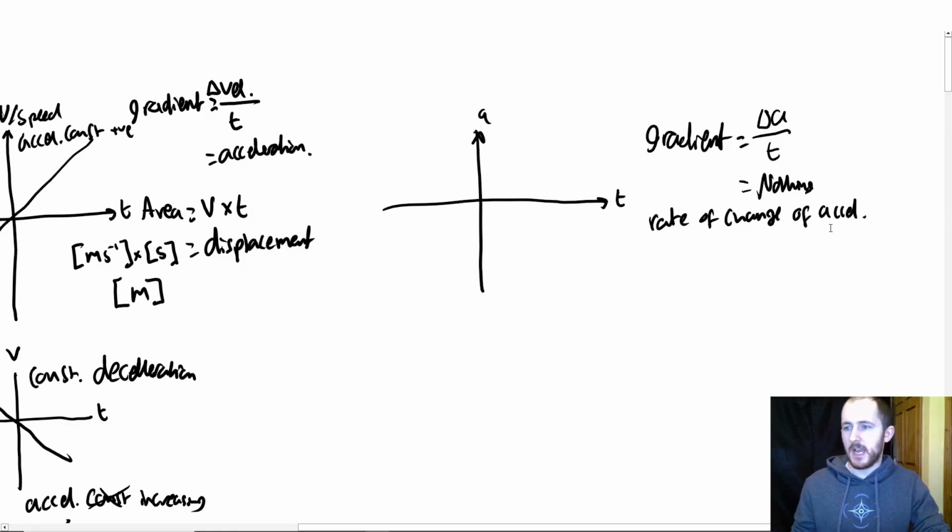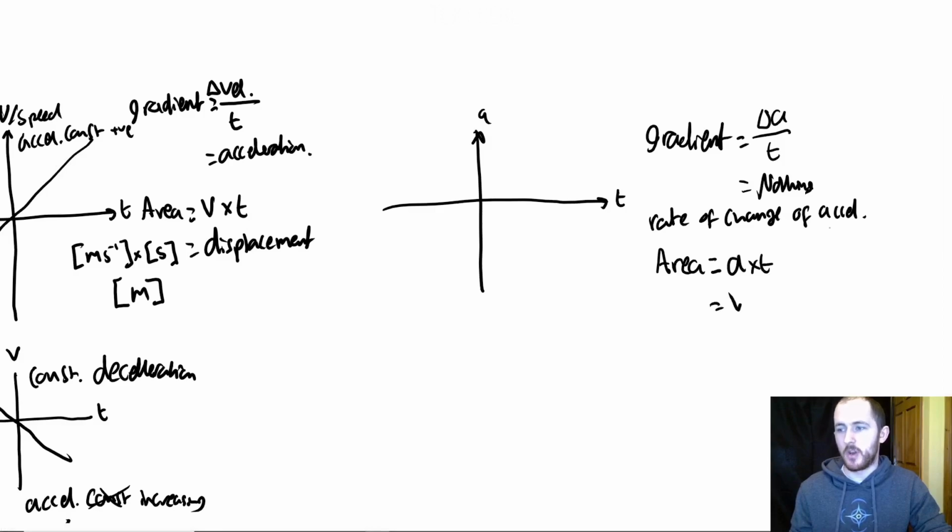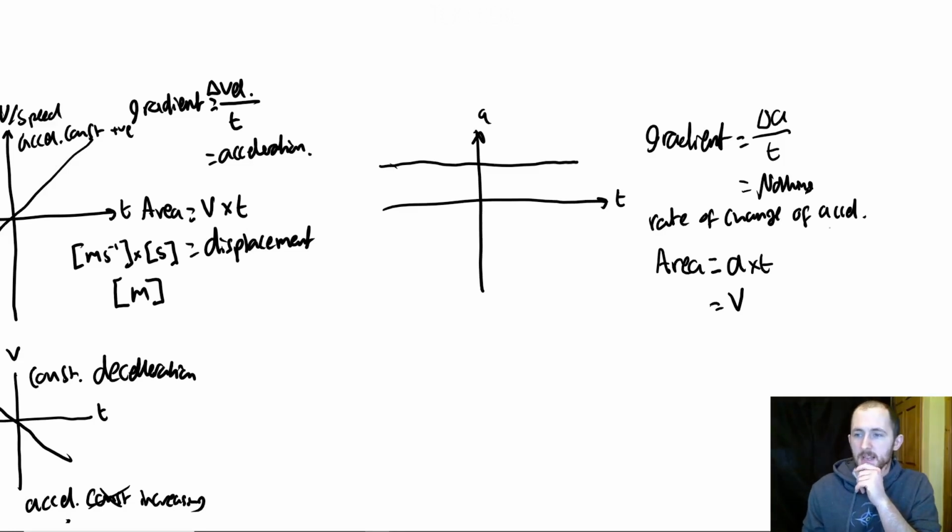Yeah, and the area is actually a fairly interesting one. You probably already know what it is, right? It's just going to be acceleration times time, which is velocity. Okay, so it's kind of interesting. So if you have a flat line like this, the area under it is the velocity. That makes sense, right? Because it's just a flat line.